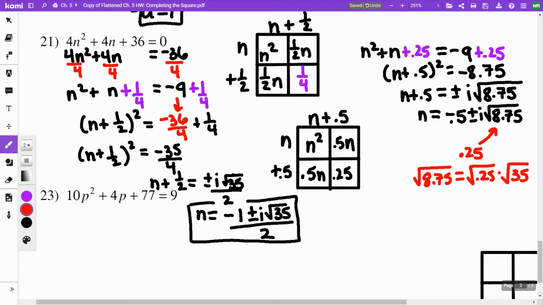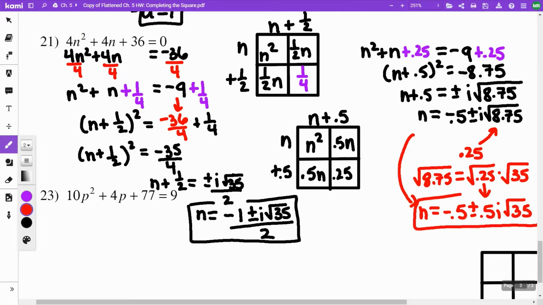It would have been 35 quarters. So I could simplify this to n equals negative 0.5 plus or minus 0.5, because that's going to be the square root of this. Oh, with an i, because it has an i, root 35. That is the same answer as what I have. Down the road, we definitely want to start doing it in fraction form. Okay, it's a little cleaner.